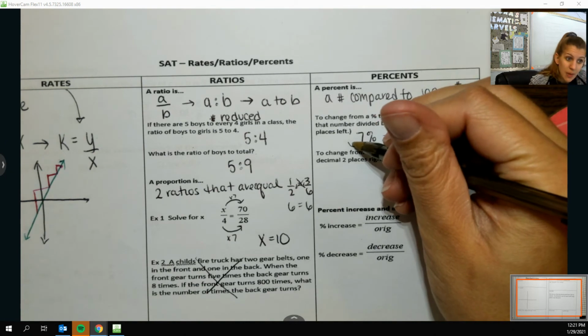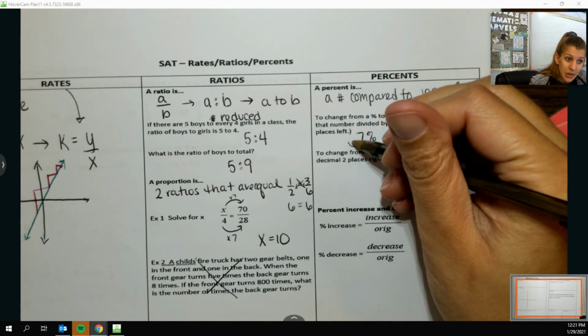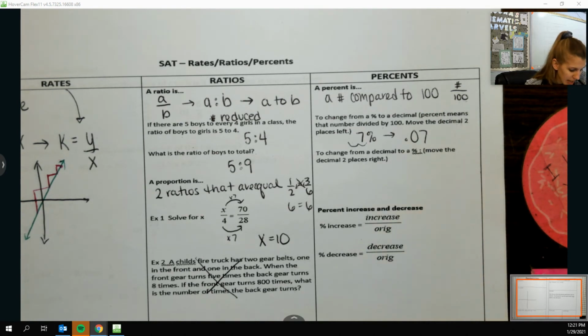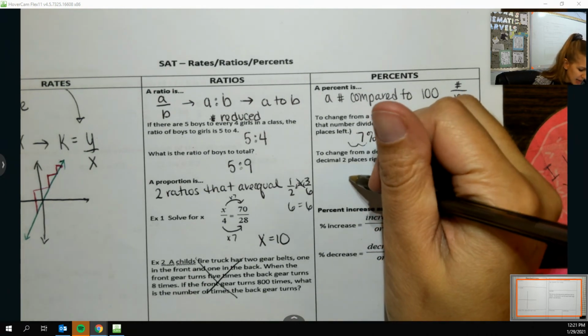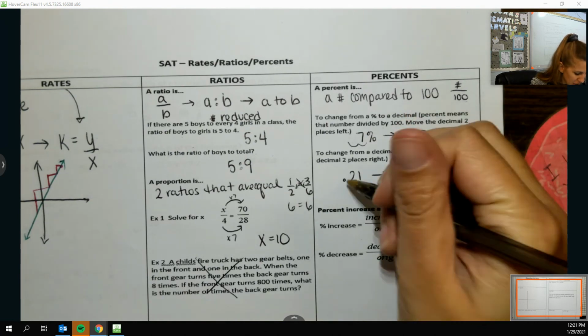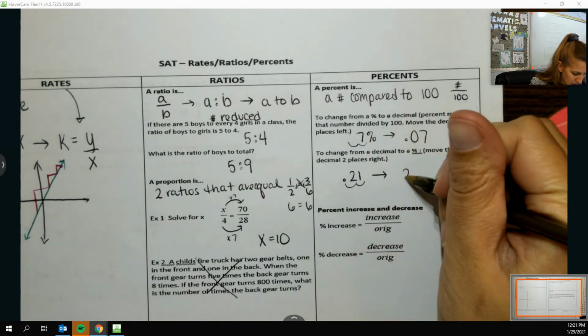If I go over something that's not a number, I need to put a 0 there, so 0.07. Or I can go the opposite way, to change from a decimal to a percent. If they're asking me to find a percent and I put it over 100 and divide and get the decimal 0.21, to change that to a percent, we go the other way, and you'd have 21%.